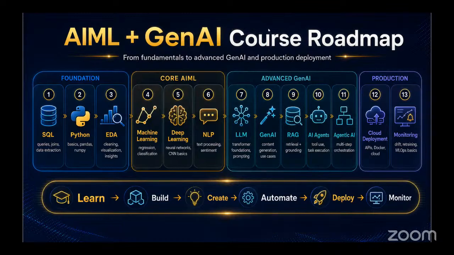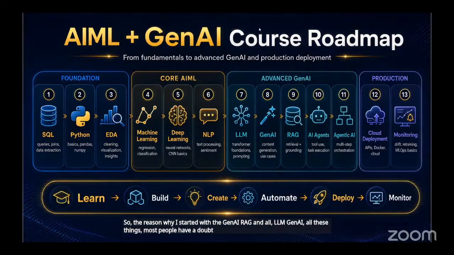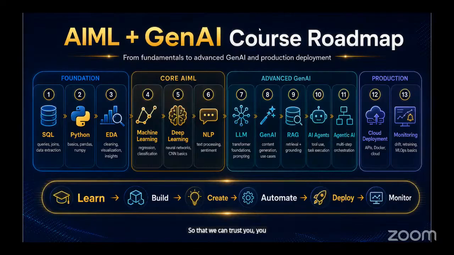The reason why I started with GenAI, RAG, and all the LLM topics is that most people have a doubt: sir, will you cover these? Lot of people ask, sir, why don't you cover only these advanced concepts in the first 5 classes, so that we can trust you can teach these topics?